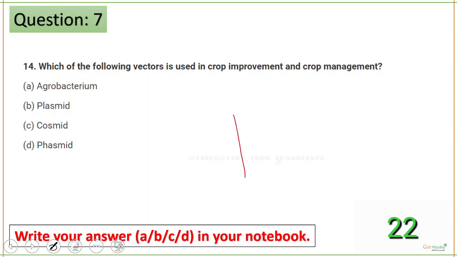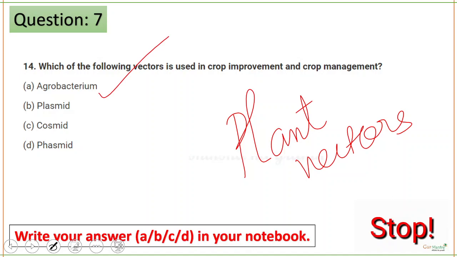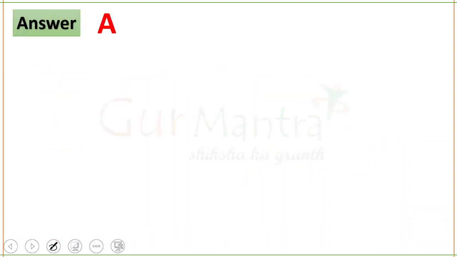Okay, for the plant biotechnology, what kind of vectors is used? We have studied quite a few vectors. So one of the vectors which is really important and has application in your crop improvement and crop management is your agrobacterium. Okay, so A is your correct answer. Next question.